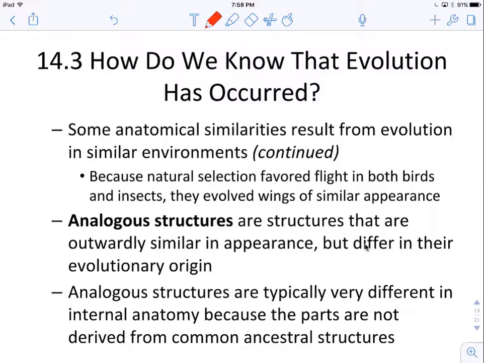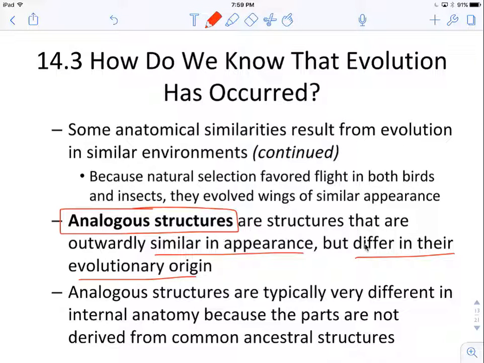Okay, and these structures are called analogous structures. Okay, so analogous structures are structures that are similar in appearance but differ in their origin. Okay, homologous structures are similar in origin, different in appearance. Analogous structures are similar in appearance, but different in origin.